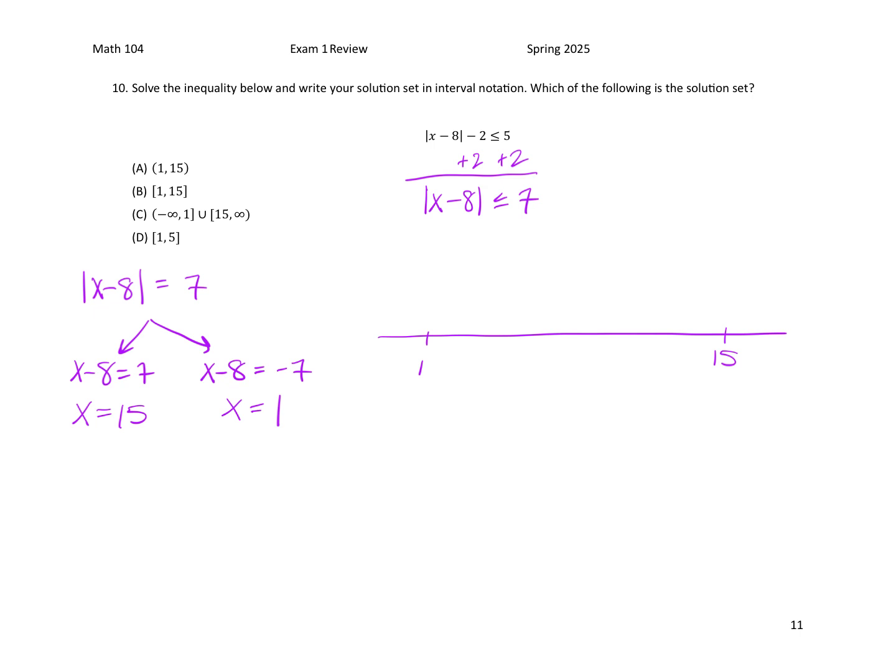Okay, and I am going to include the 1 and the 15 because of the or equal to here. So I'm going to include the 1, include the 15, all the numbers in between will be solutions to the absolute value less than inequality. So this is 1 to 15, that's B.